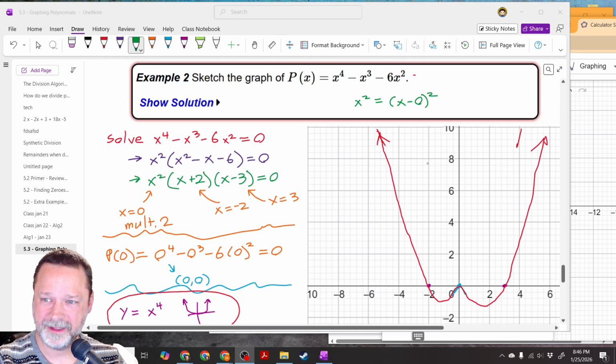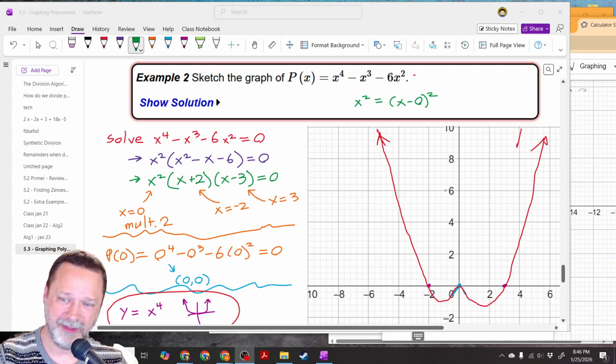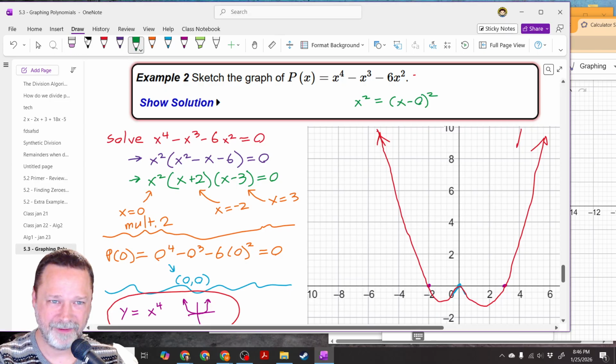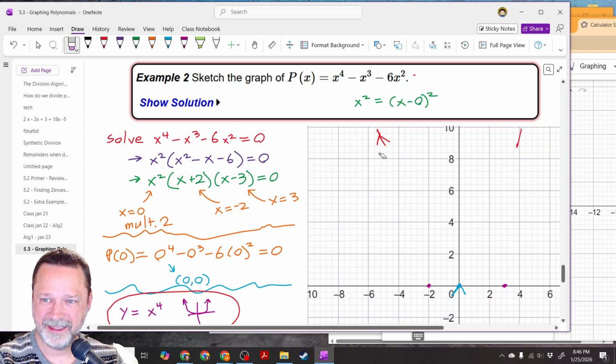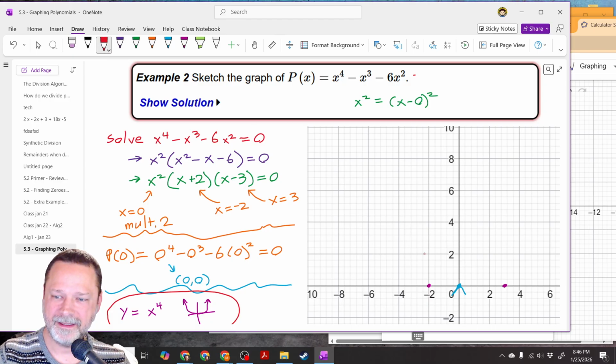Now, 54 does not even fit on the grid that I have copied that I'm using, right? But we can tell if we were to follow that, man, it would be super steep. On this side here, it'd be going like we got to hit 54 by 3.